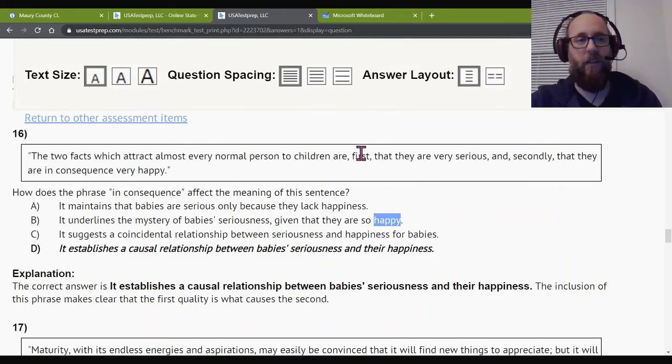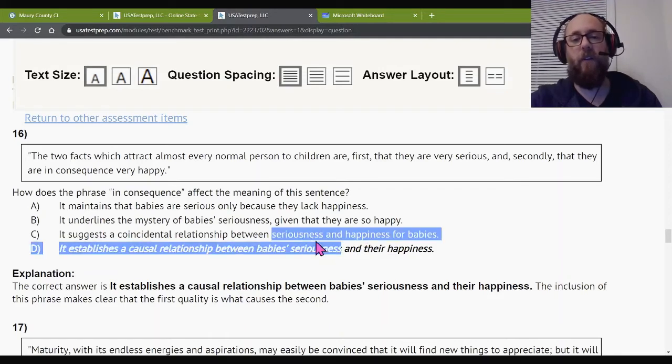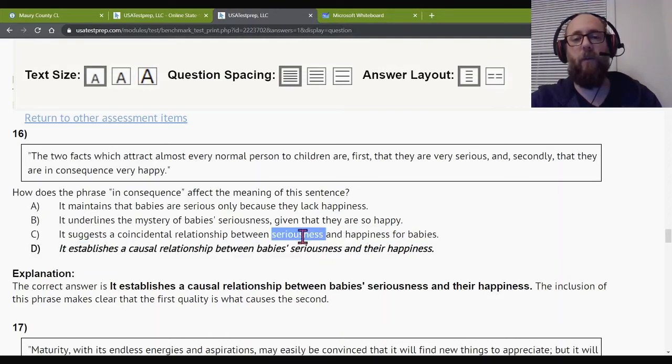This is saying that they are happy because they are serious. Okay, so I might cross off B. C: It suggests a coincidental relationship between seriousness and happiness for babies. You know what a coincidence is? No, it's not saying that it's accidental that they're serious and happy. It's saying there's a direct relationship because of the word consequence.